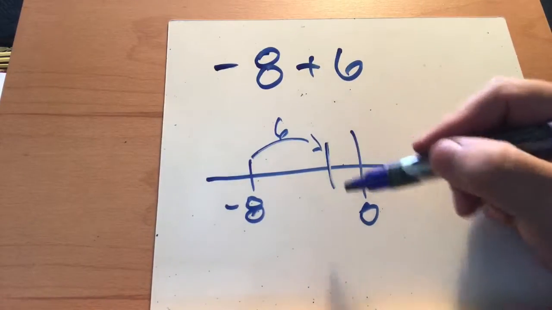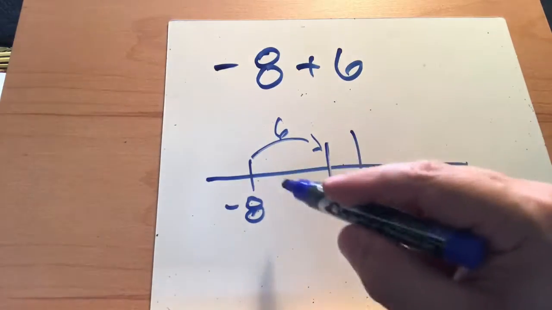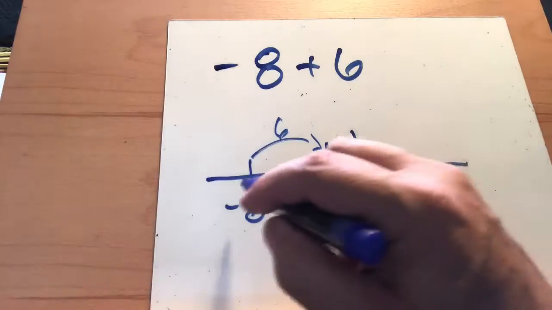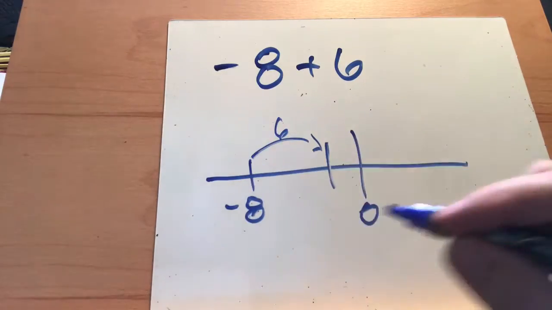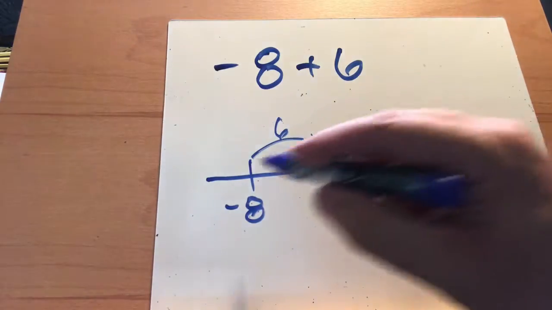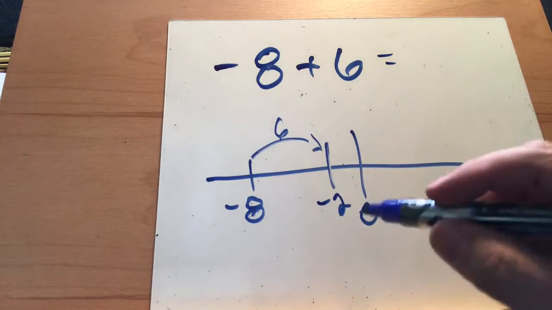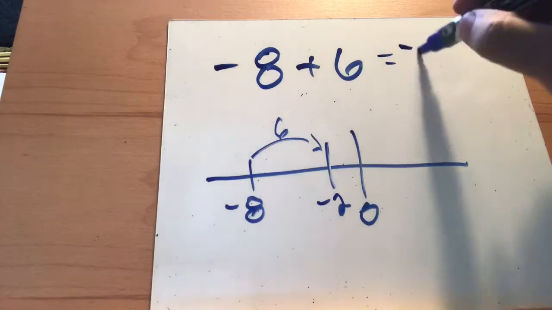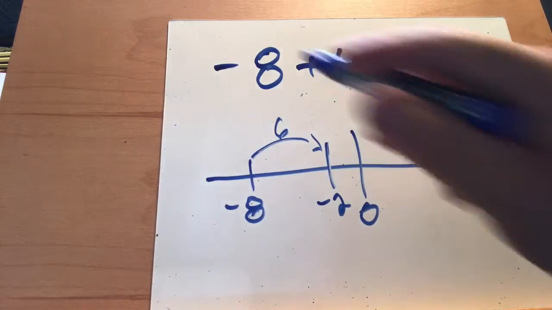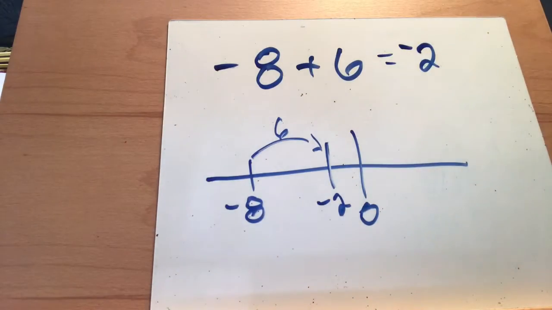That's 6. So we're 6 closer to 0 than where we were before. That's negative 2. What do we do to 8 and 6 to get 2?